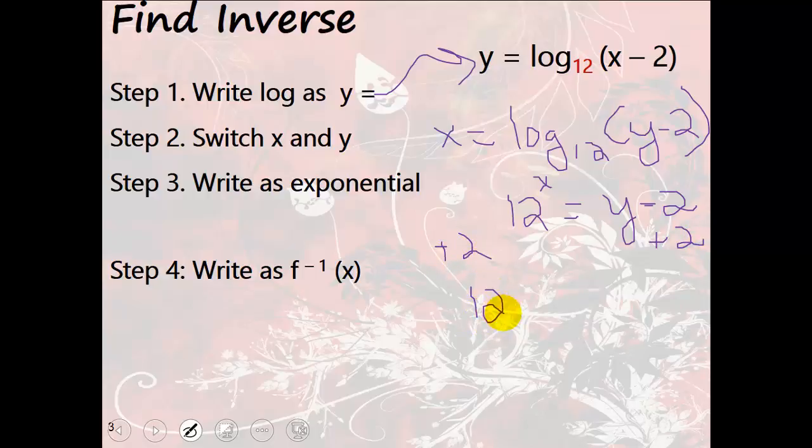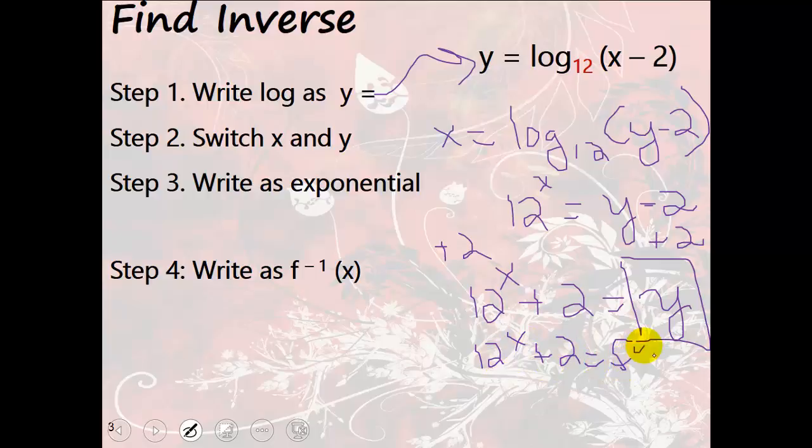So I get 12 raised to the x power plus 2 is equal to y. This is f inverse. Now I'm going to write it in a more standard form with my f inverse on the left, and I get 12 to the x plus 2.